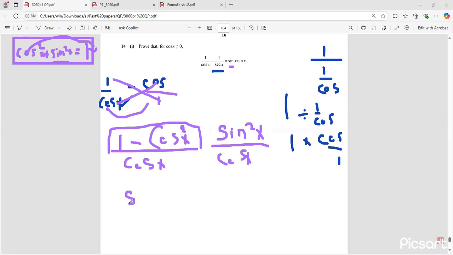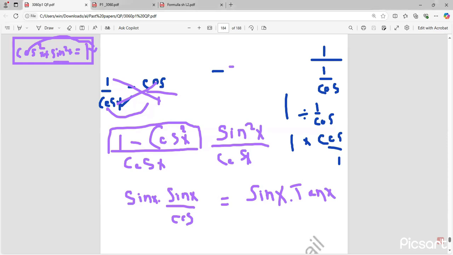So it is sine x multiplied by sine x over cosine. So sine over cosine, which is tan. So it is equal to sine x multiplied by tan x. And I think we get this question. Yeah, we did it. Let's see the next.